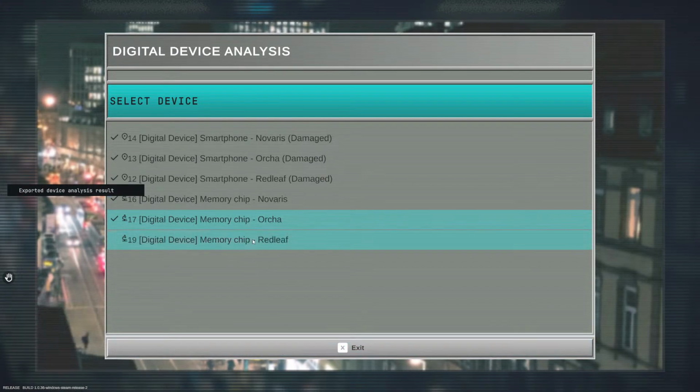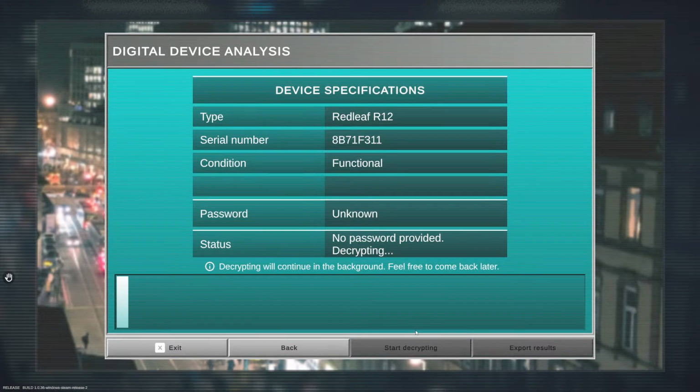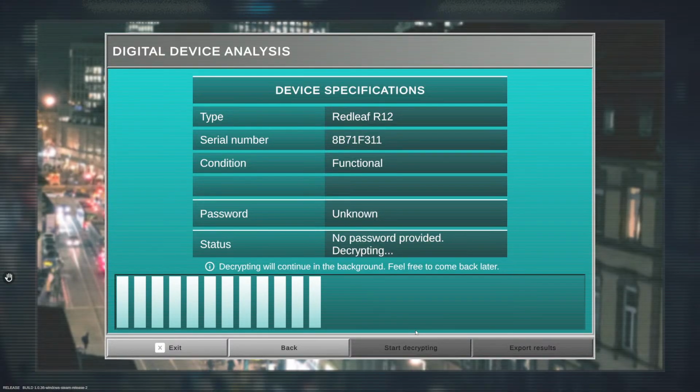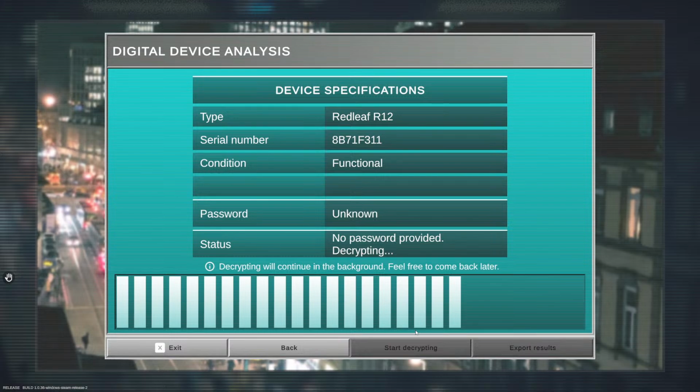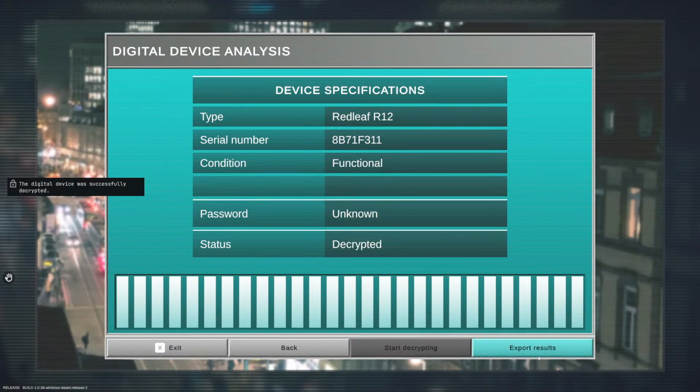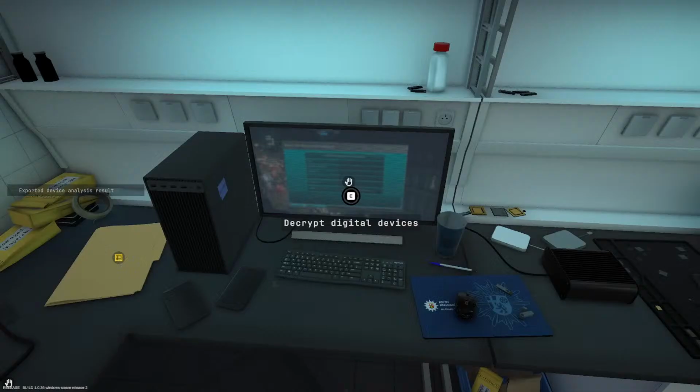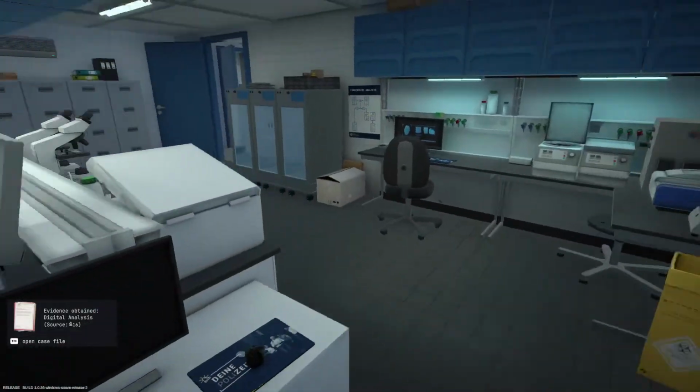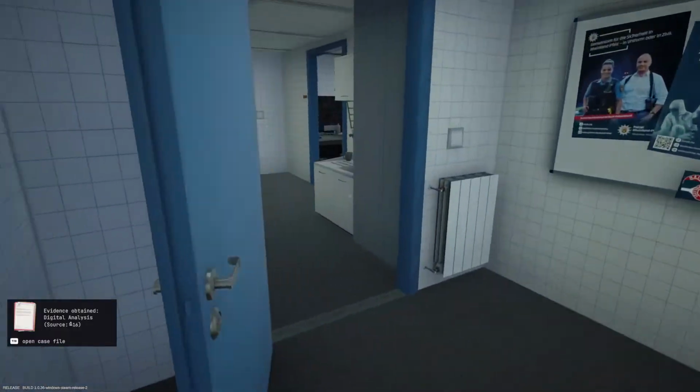Export, go back, and decrypt the last one. And we'll send these over before we do the fingerprints. That way they get on file there. Right, export. Let's grab these and send them on over.